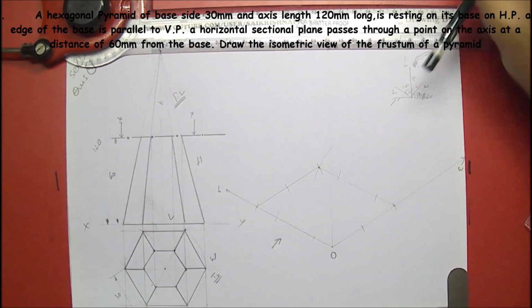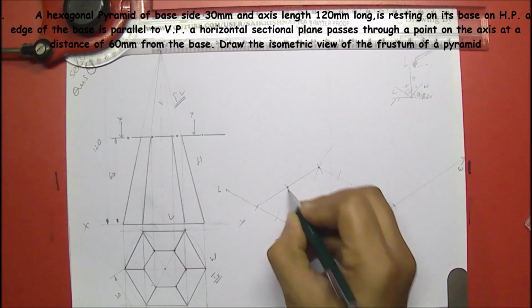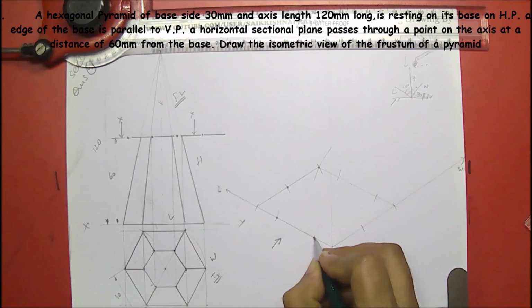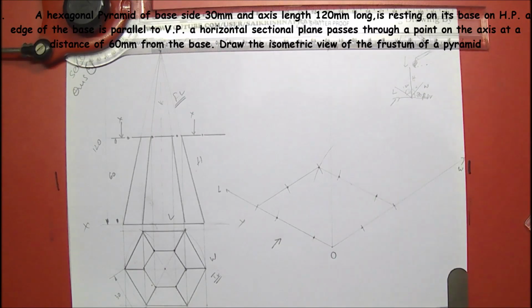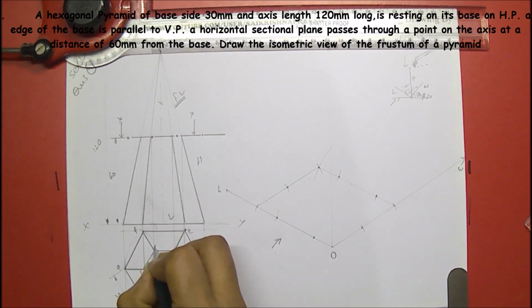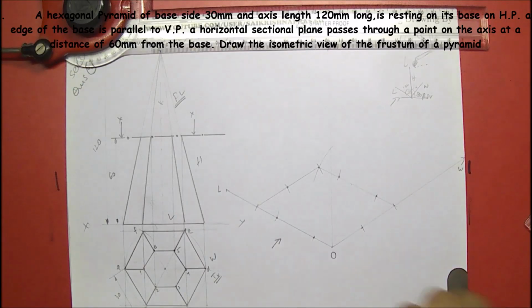Means you got all these points. For easy identification, you can give the names for these also: A, B, C, D, E, F, 1, 2, 3, 4, 5, 6. So now I got these points.